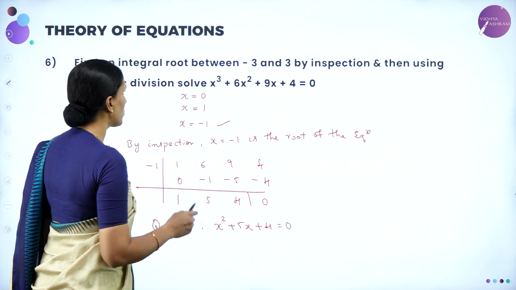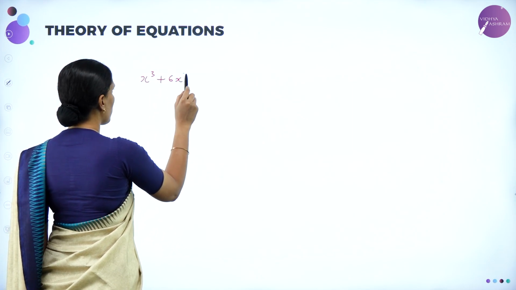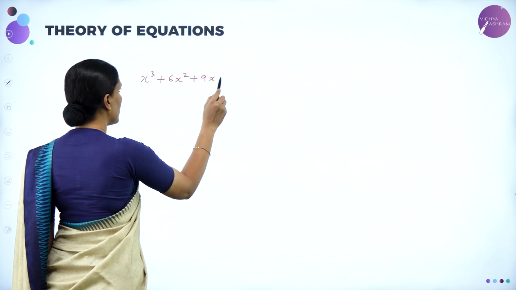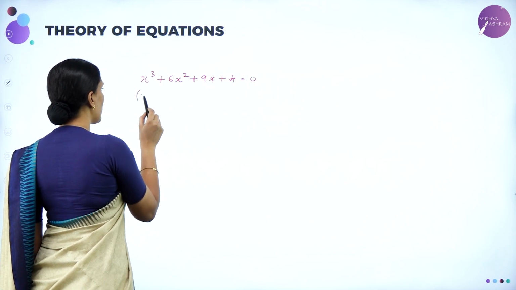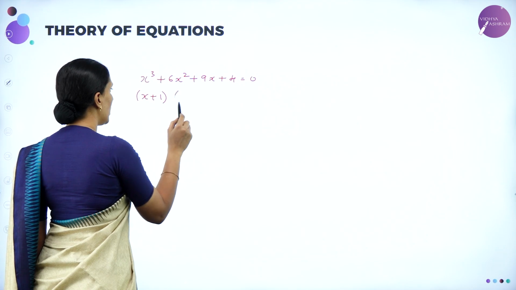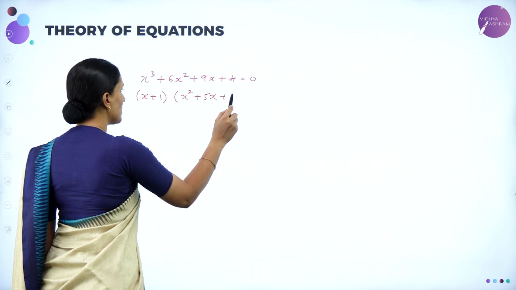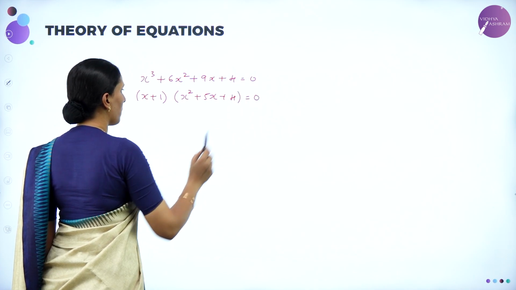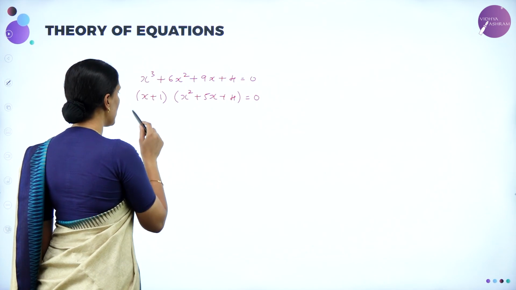Now the given equation is x cube plus 6x square plus 9x plus 4 is equal to 0. So this can be written as the product of x plus 1 into x square plus 5x plus 4 is equal to 0. Now this is already a factor, so we need to find two more factors here.